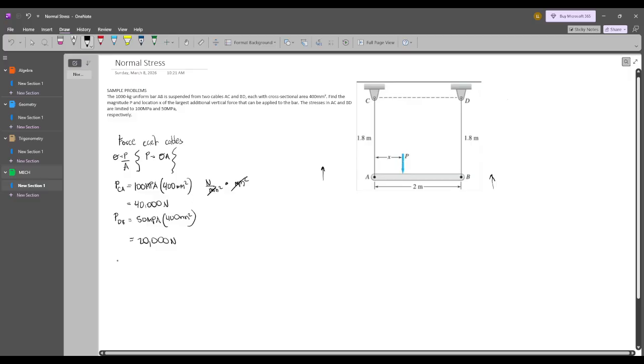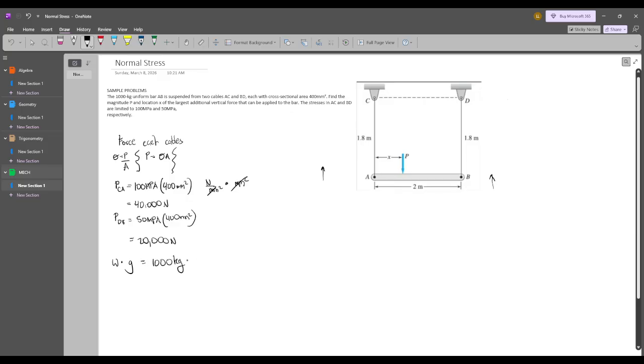To do that, we multiply the mass by gravity. So basically, it's just 1,000 kilograms multiplied by 9.81 meters per second squared. And that's about 9,810 newtons, because kilograms multiplied by meters per second squared is just newtons.